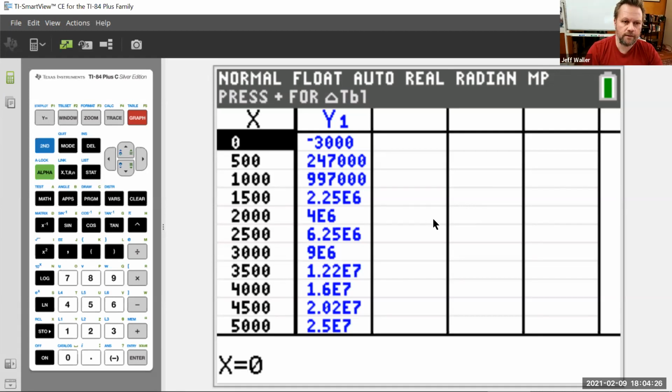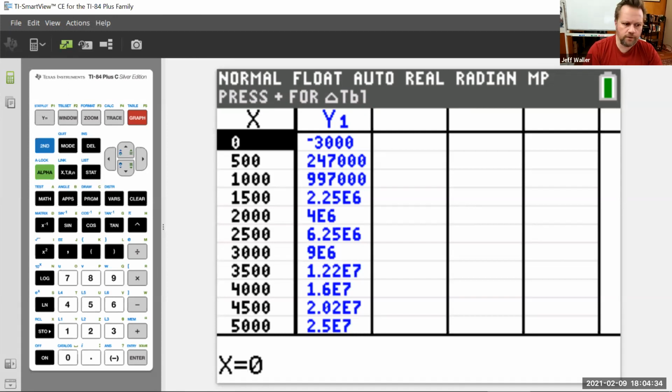As things come at us in the book, I will do this with you. Don't forget, I've posted the calculator guide. Where did I put this? Oh, yeah, I did.